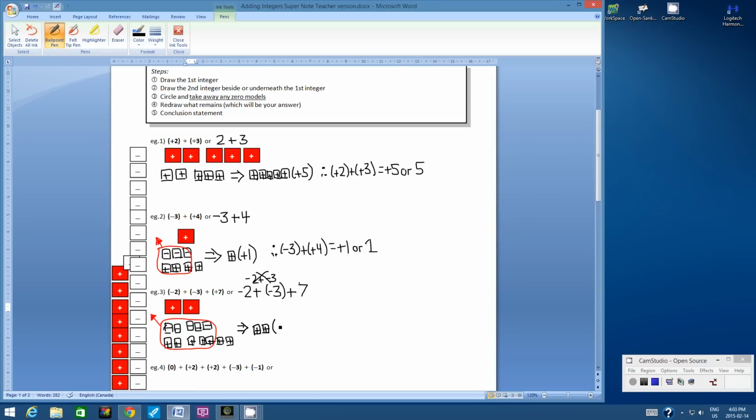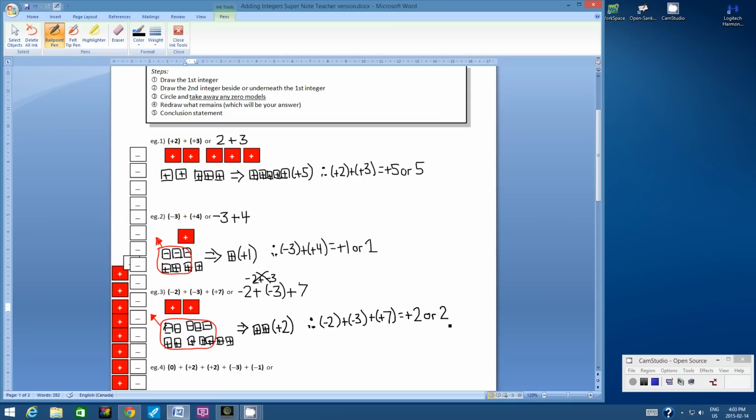And because it's the answer, we want to put the integer as well. Okay. Concluding statement, therefore, -2 plus -3 plus +7 equals +2, or in standard form, because it's a positive integer, just 2.